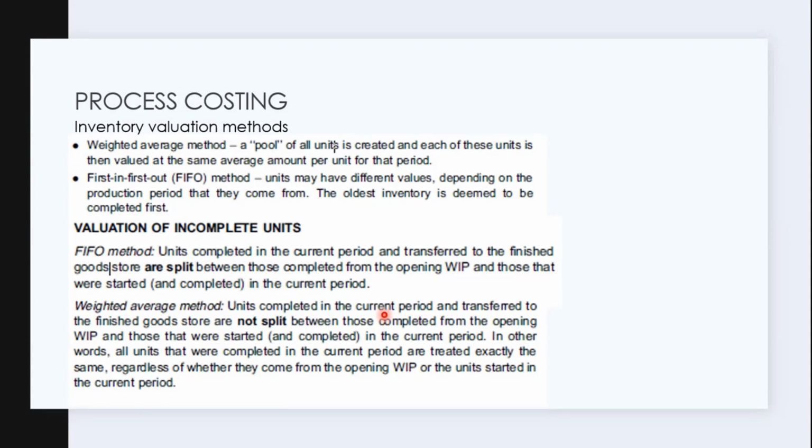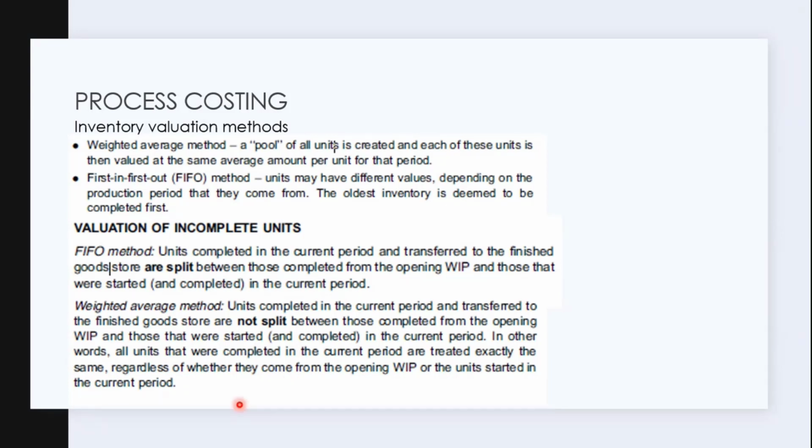With the first in, first out method, units may have different values depending on the production. The oldest inventory is deemed to be completed first, and it's the one that's going to be sold first. That's the difference.